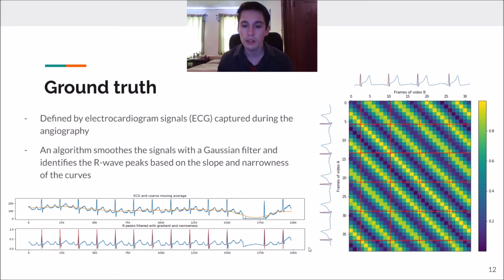Once the R peaks are identified, they are aligned from 2 videos like this and linearly interpolated in between. This gives us a matrix that has values of 1 where the R peaks are aligned and a value of 0 when they are out of phase.